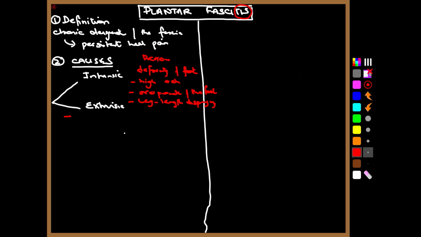So overuse is one of the extrinsic causes. We've got inappropriate footwear, trauma, and any mechanical stress as the typical causes of plantar fasciitis that you would notice in a GP setting.